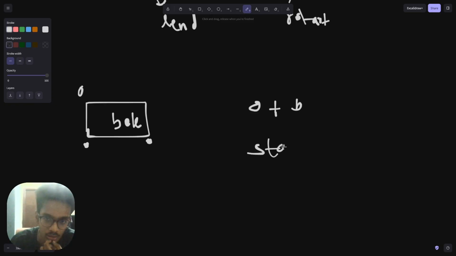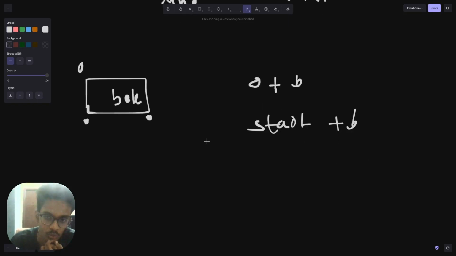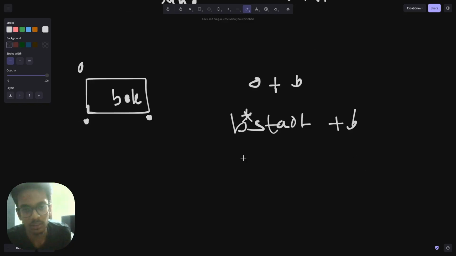So start, only if it's 0, would give you this thing. Otherwise, if you want to know the actual index of the start, you need to figure out B into start, isn't it?